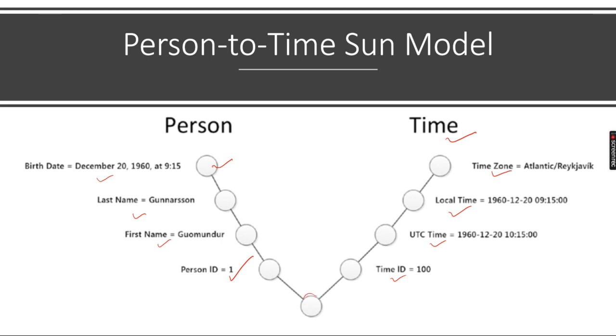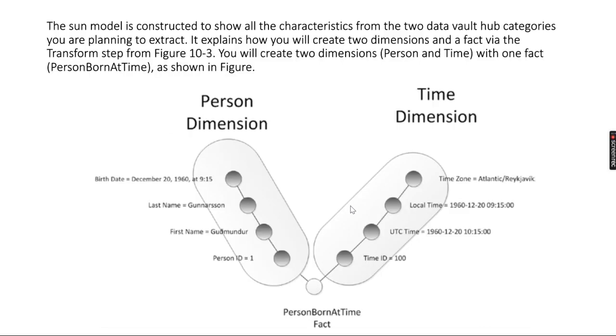So these two are connected by some relationship or you can say by some fact. Now, the Sun model is constructed to show all the characteristics from the data vault hub categories you are planning to extract. It explains how you will create 2 dimensions and a fact via the transform superstep.